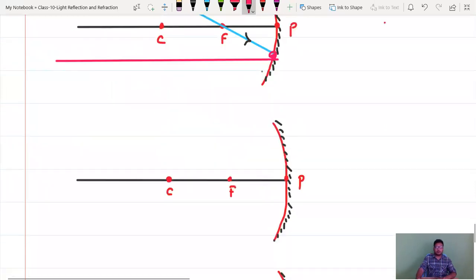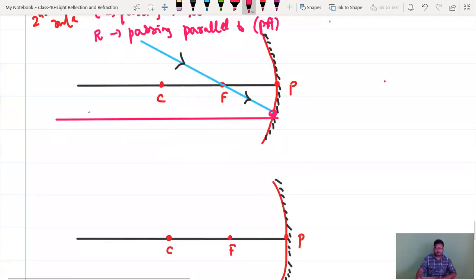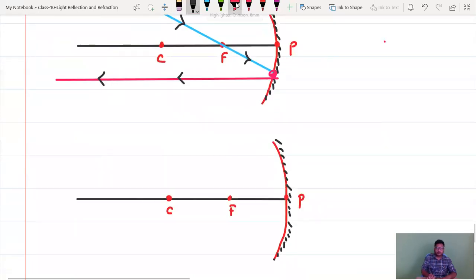Third rule, you can draw this diagram and arrow marks are important, guys. What is the third rule?